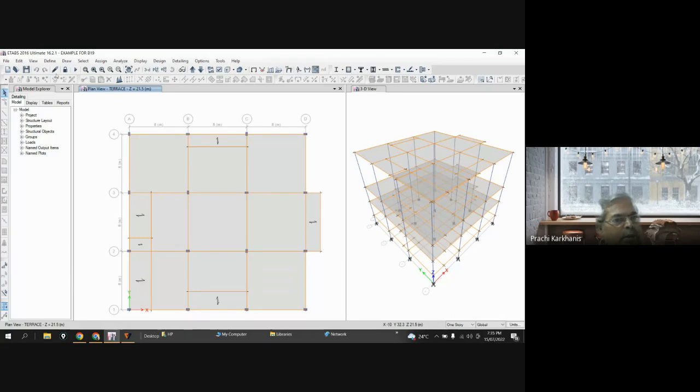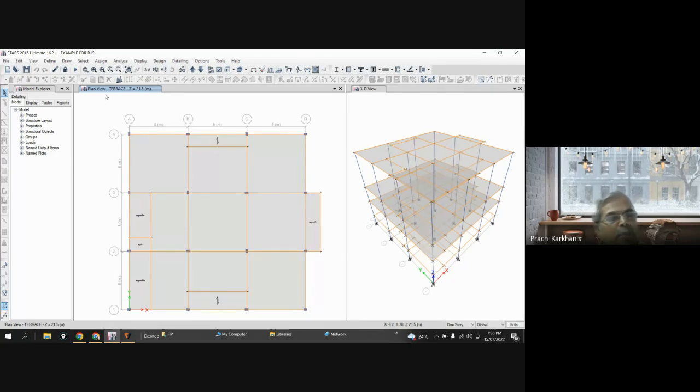Normally it is unlocked. Why is that process carried out in this software or any other software? Because when you analyze, the results of the entire modeling you have done, in terms of forces and moments, are stored. If you do any additional loading now, it will not be reflected in your results.